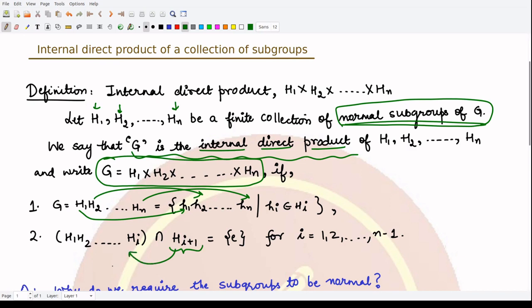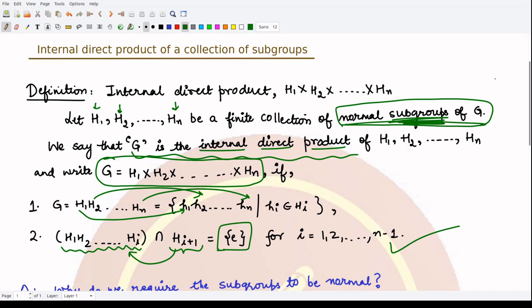If you multiply all the subgroups previous to some subgroup, say the I plus 1 subgroup, you have nothing in common except the identity element. Why should the identity element be there? Because for all of them to be subgroups, the identity should definitely be in them. So this is true for all the subgroups.